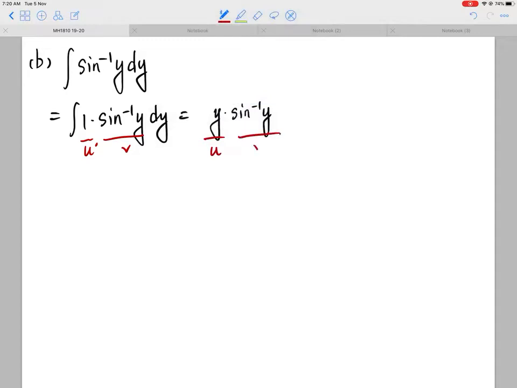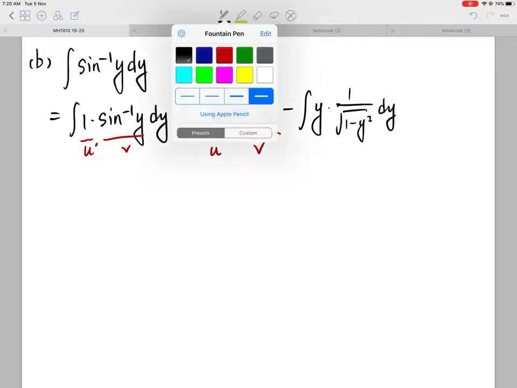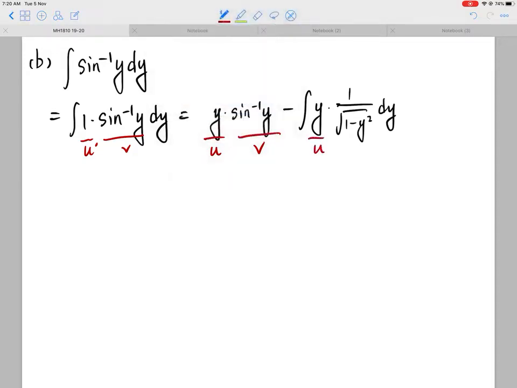So it's u times v minus the integration of u times v's derivative.